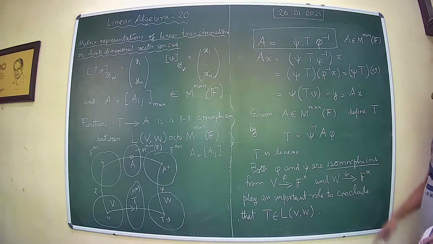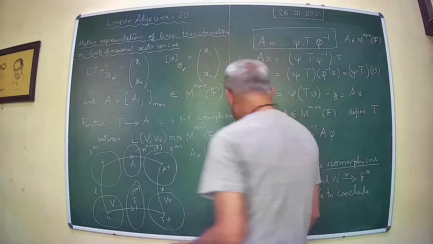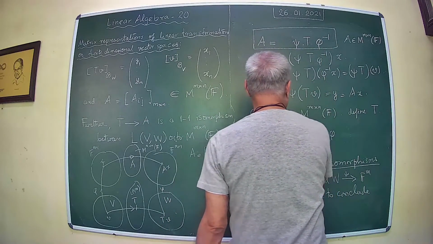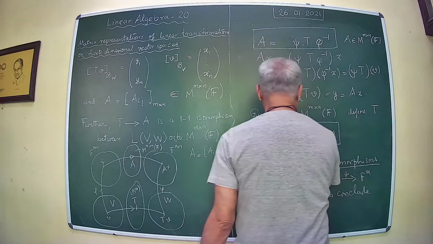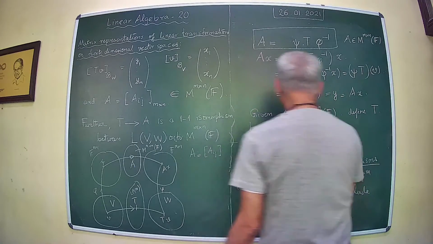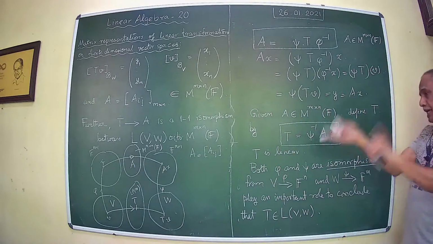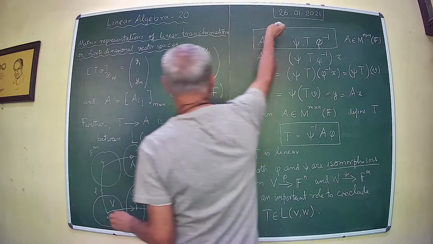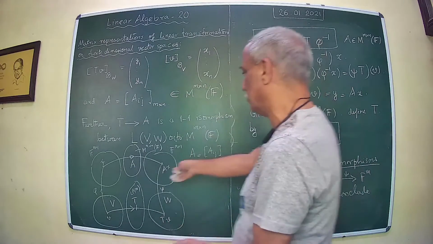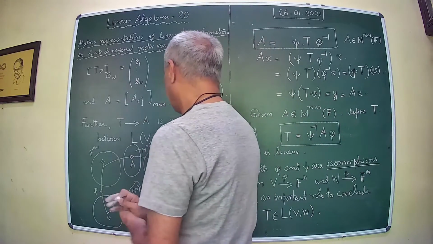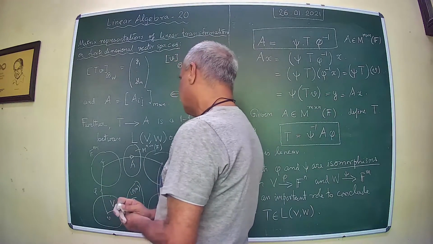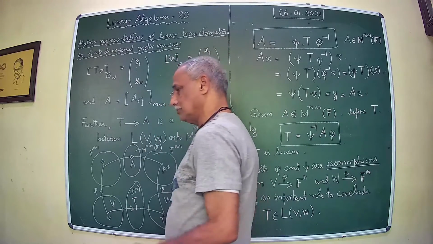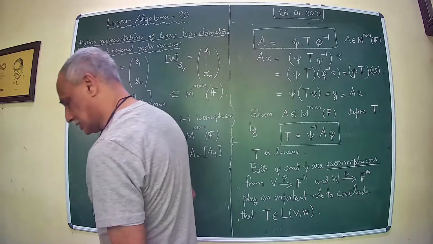So this is the identification. A is identified with a linear transformation T; T gives A, and A gives T. So for any linear transformation, and for any element of M m cross n, F, there is a corresponding linear transformation and vice versa. That's why there is an isomorphism.